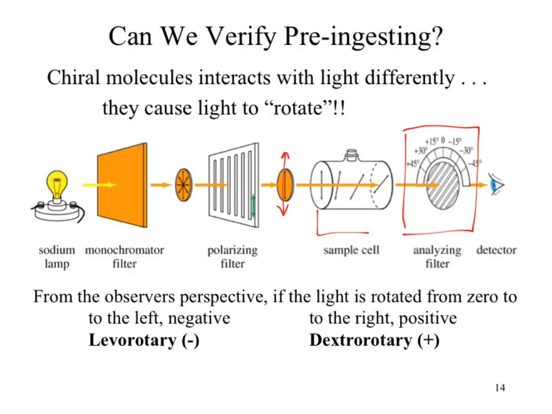Depending on which direction the light was pushed, we can now go through and assign a chirality representation to our molecules. Those two representations typically are referred to as positive and negative. Because what are we looking at? If we had no optical activity, what happens to the light?